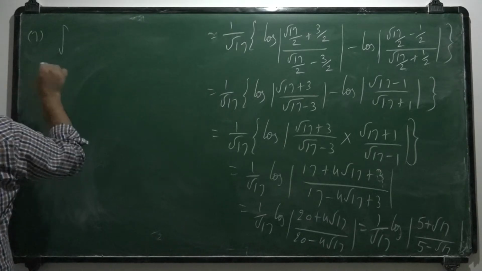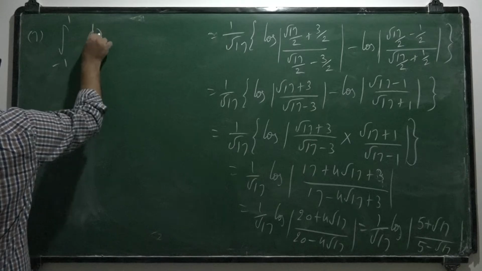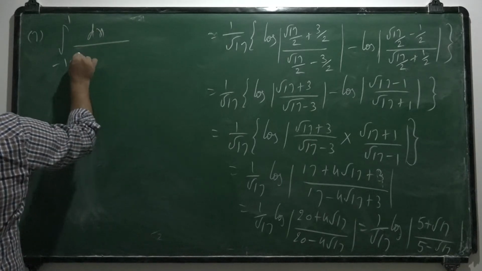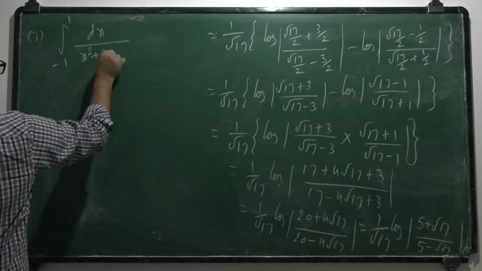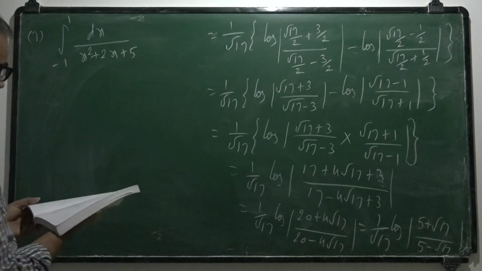Integral minus 1 to 1 dx by x square plus 2x plus 5.